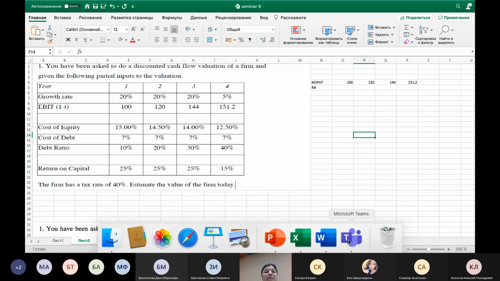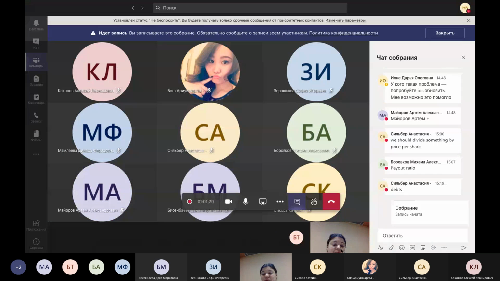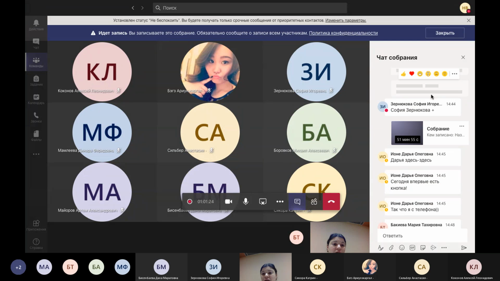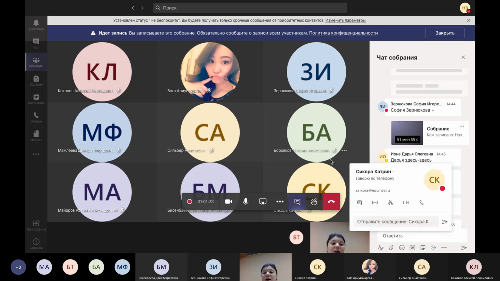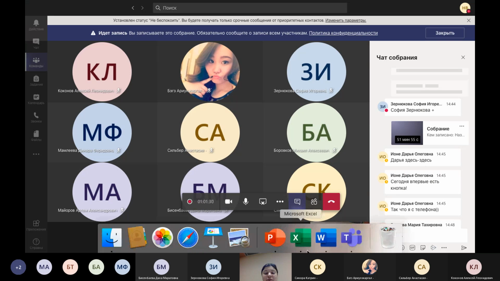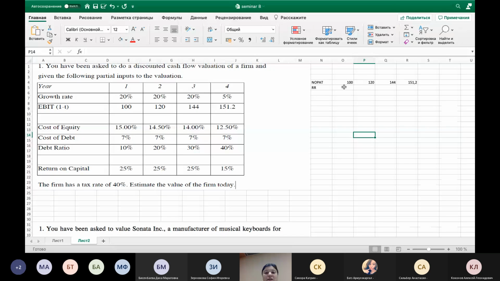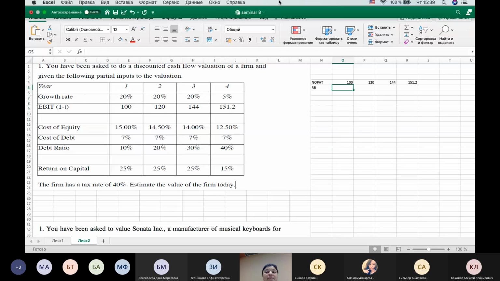Using which formula could we find our reinvestment rate? Dear colleagues, how could we find our reinvestment rate? How do you think?